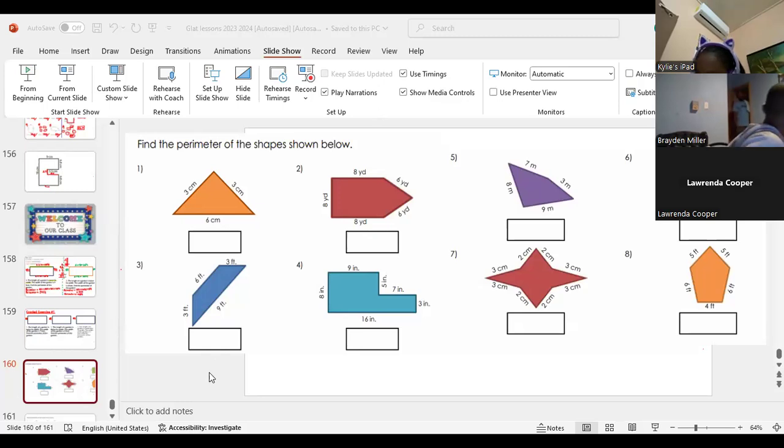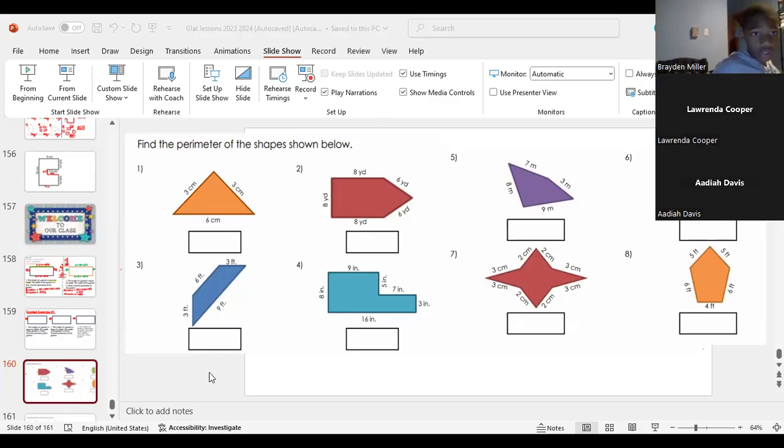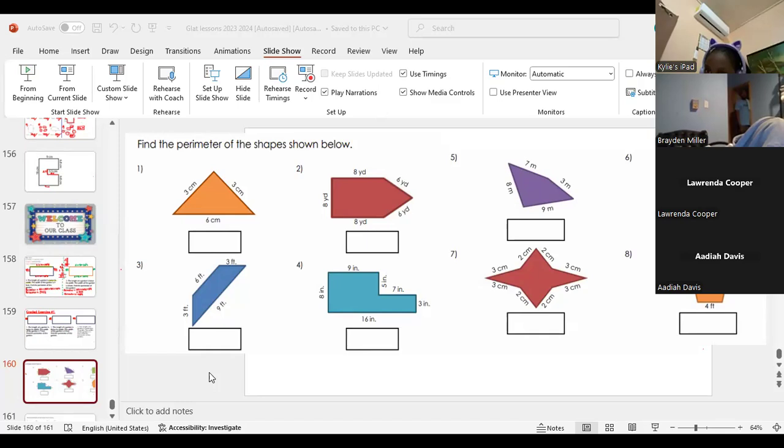Okay, good. So do the one on the other side of the original photo you posted in the chat. It's on the screen too, if you need it.